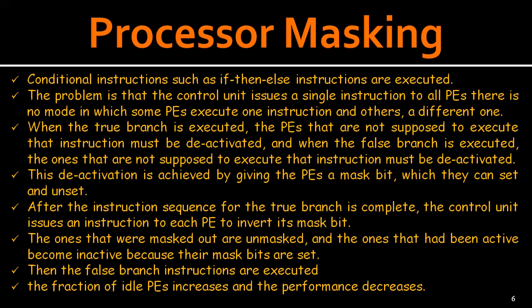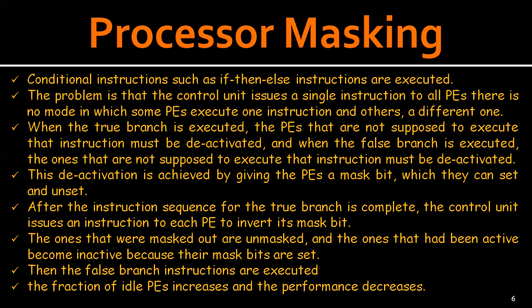After the instruction sequence for the true branch is complete, the control unit issues an instruction to each PE to invert its mask bit. So the ones that were masked out become unmasked, and the ones that were active become inactive because their mask bits have been set.